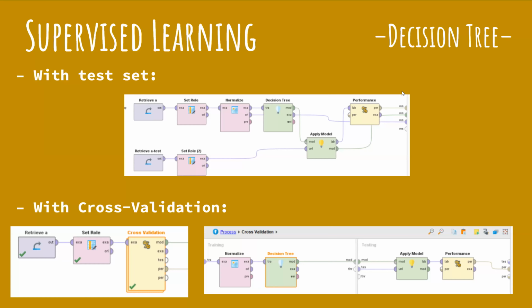Okay, first up, we will go over the supervised learning with the decision tree, and we have given two datasets, dataset A and dataset B. For each classification method, I use the test set and the cross-validation methods. So we first normalize the dataset, put it through the decision tree classification, and then apply the model and get out the performance.